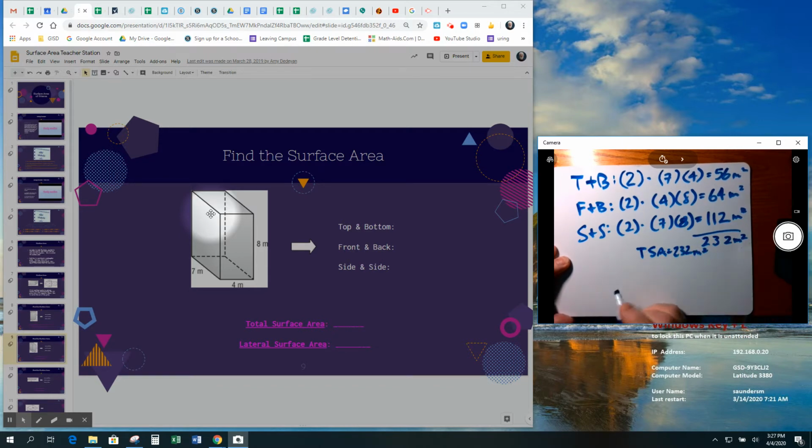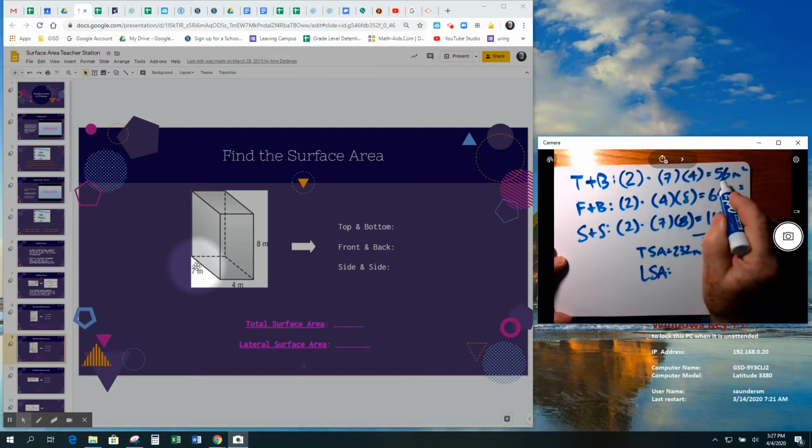Okay? Now lateral surface area is the surface area not including the top and the bottom. So not including our bases. So remember we said our top and our bottom was this side and this side. So we're just going to subtract 56.